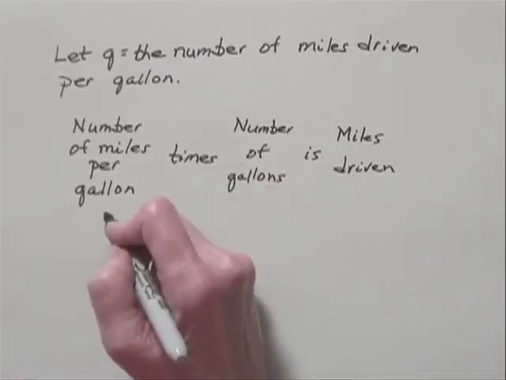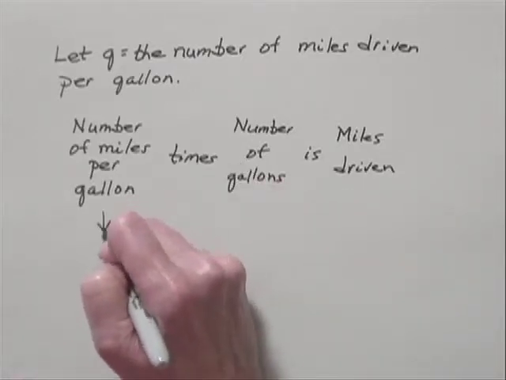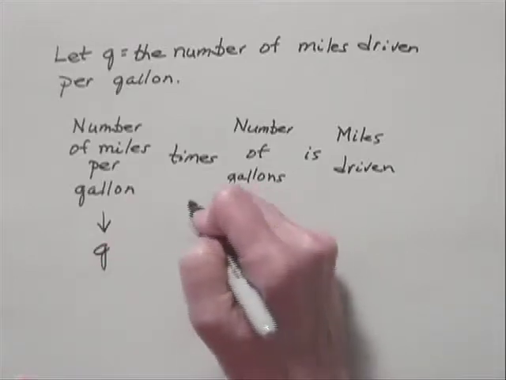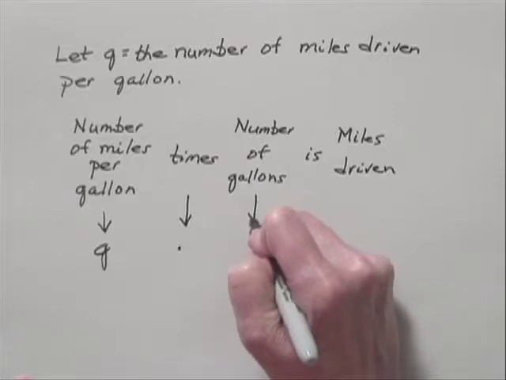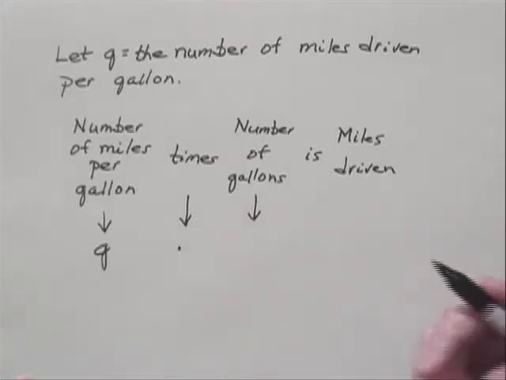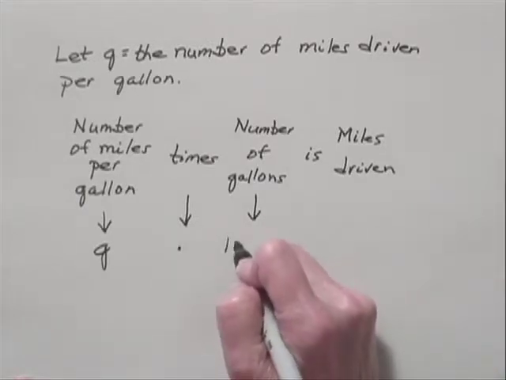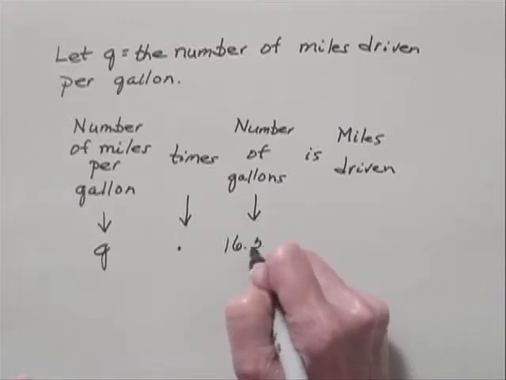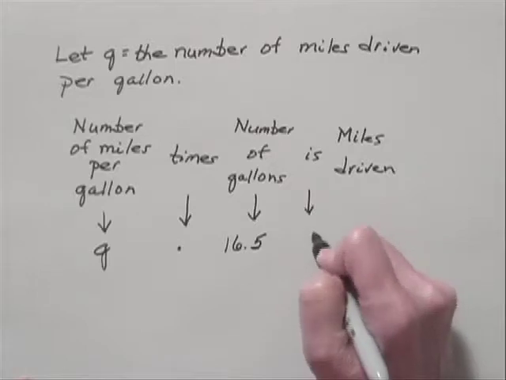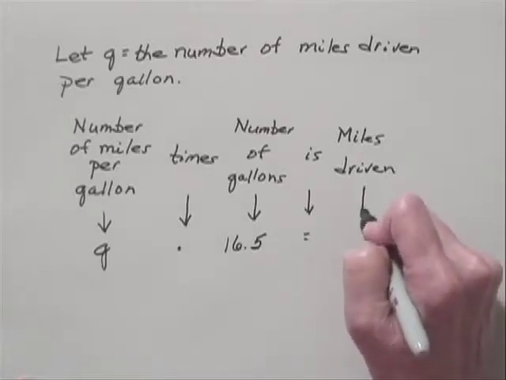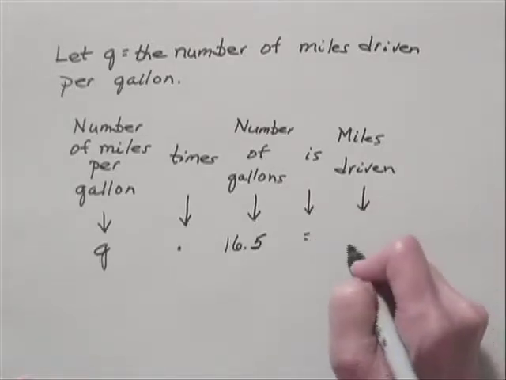The number of miles per gallon is what we're trying to find, and we've assigned the variable G to that. Times translates to the multiplication symbol. The number of gallons used, we were told in the original problem that 16.5 gallons was used to fill up the car. Is translates to the equals sign, and the miles driven is what we previously found.